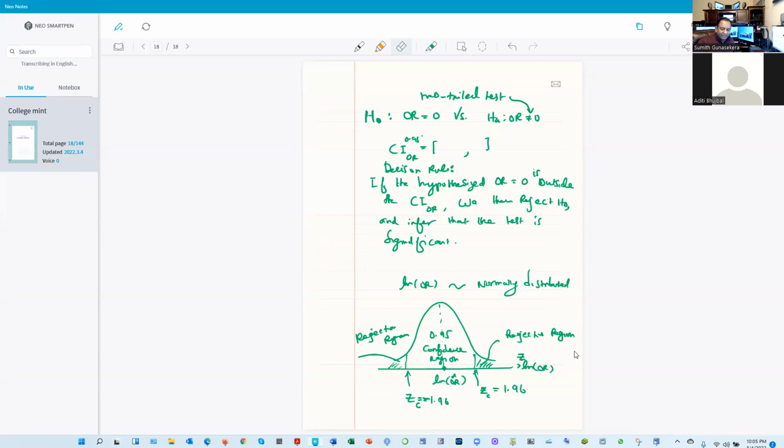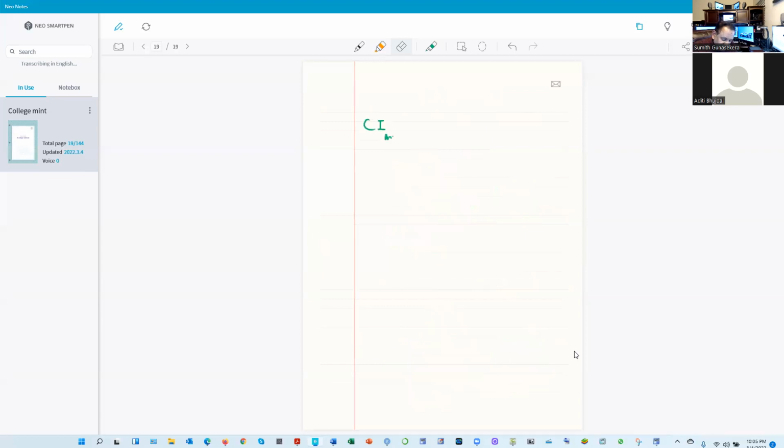Normally, how do you write a confidence interval? Confidence interval for any parameter, where parameter means anything that you are interested in. Here you have the confidence level, which is 1 minus alpha.